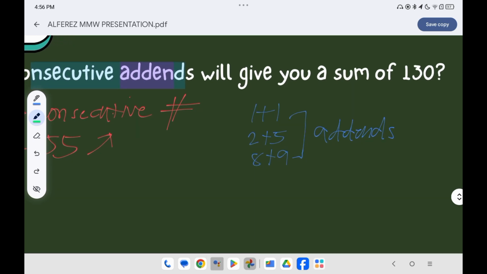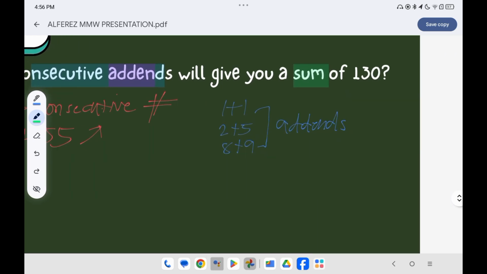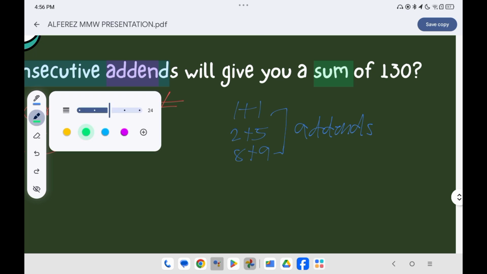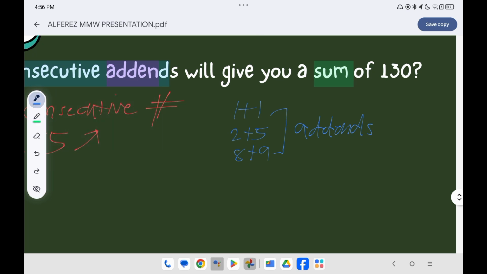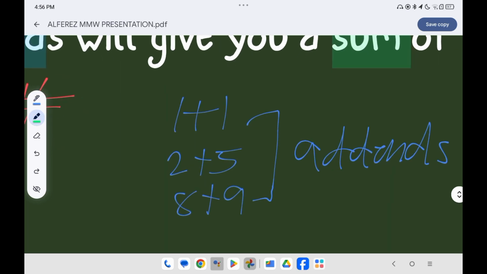So, sum. When we say sum, it is the result or the equivalent of these addends. 1 plus 1 is 2, 2 plus 5 is 7, 8 plus 9 is 17.